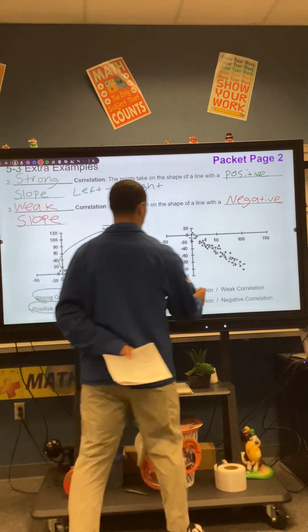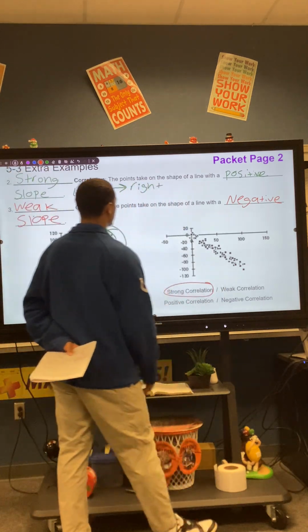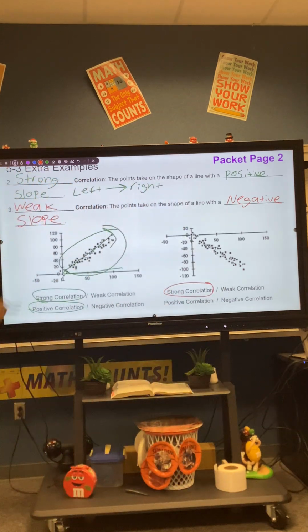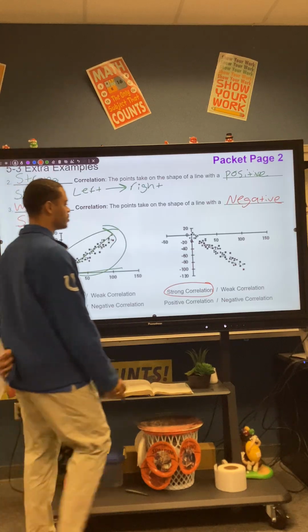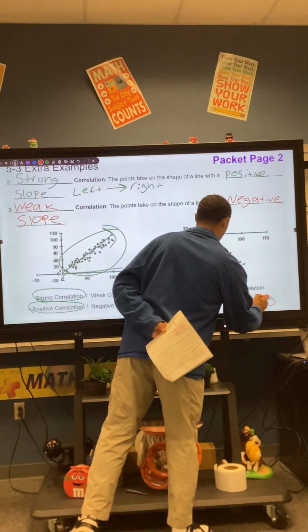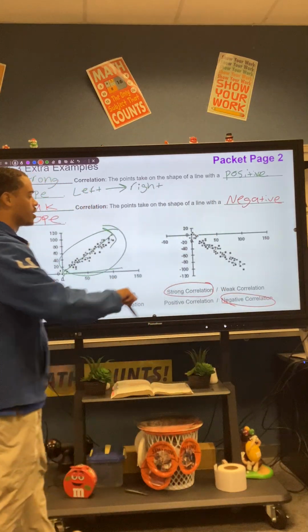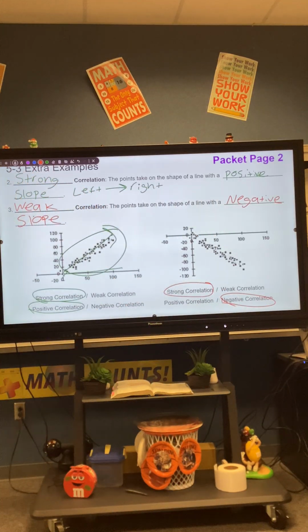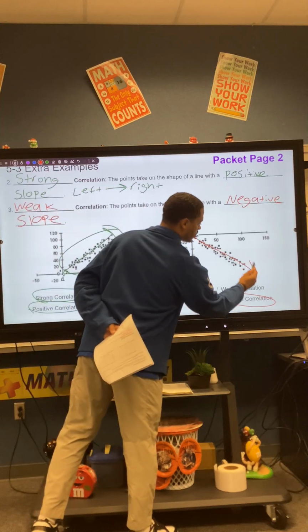I'm still saying strong, because they're nice and together. We're still going left to right, but it's going to be negative because it's going down. As you can see, going down.